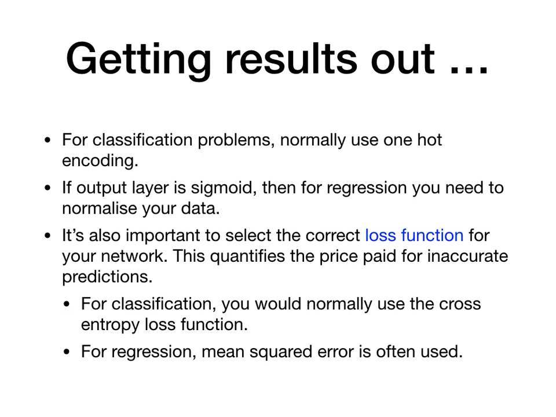When we want to get our results out of the neural network, it also depends on what we're trying to do. So if we're doing a classification problem, normally we'd use a one-hot encoding and have a different attribute for each of the possible classification values.